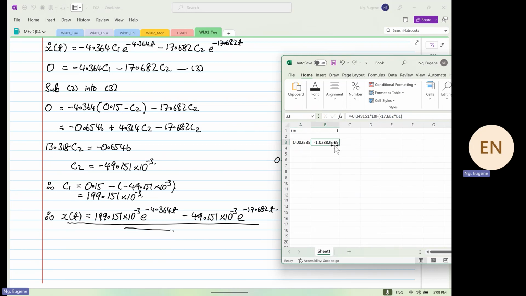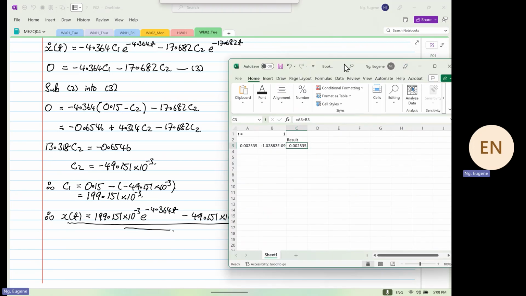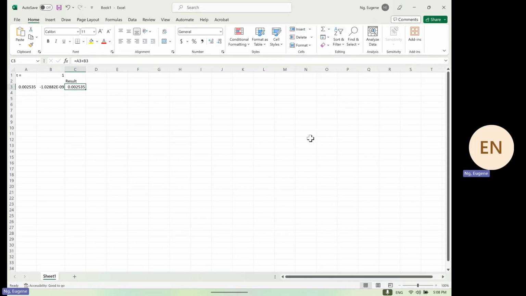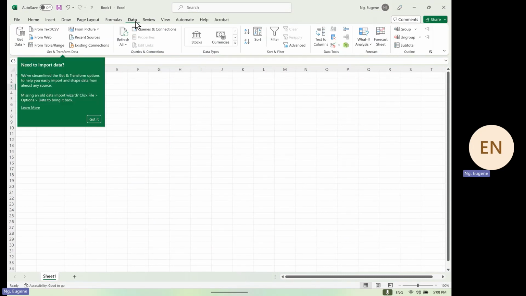1 on the left-hand side, and then the results is equal to this plus this. We're programming it already. So now focus on Excel. I want you to go into Data.